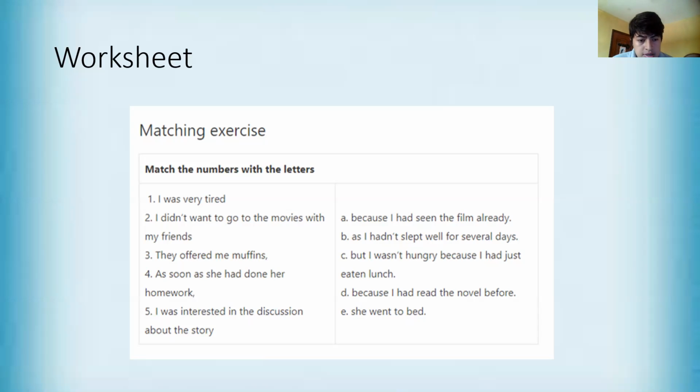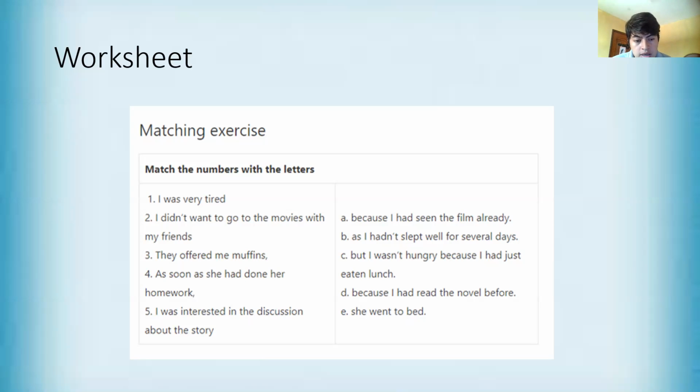Number 3: they offered me muffins. With what letter? With C, okay. They offered me muffins, but I wasn't hungry because I had just eaten lunch. The 4: as soon as she had done her homework. What letter? E, okay. She went to bed.